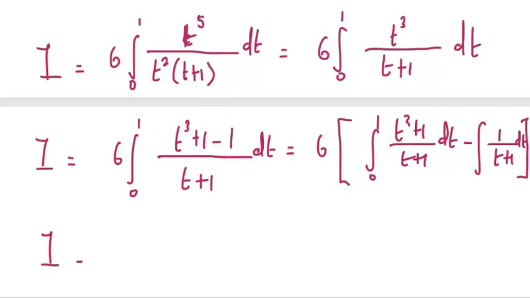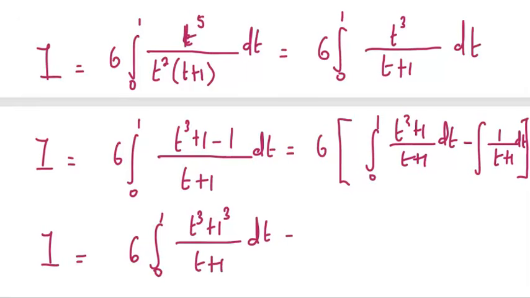So here I is equal to, opening the bracket with 6, we have 6 times the integral from 0 to 1 of t cubed plus 1 cubed, divided by t plus 1 dt, minus 6 multiplied by the integral from 0 to 1 of 1 all over t plus 1 dt.